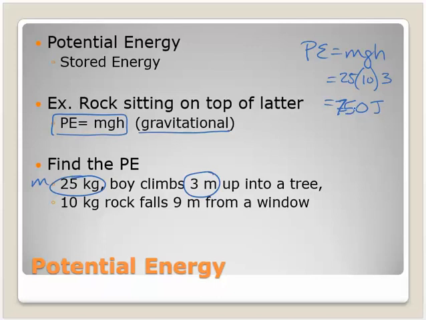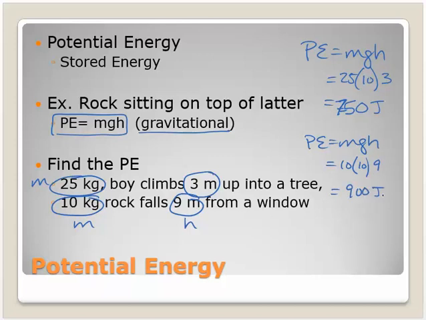Let's take a look at the second one. Equation. 10 kilograms is my mass. 9 meters is my height. So it's going to be 10, gravity is 10, the height is 9, so the potential energy here is 900 joules.